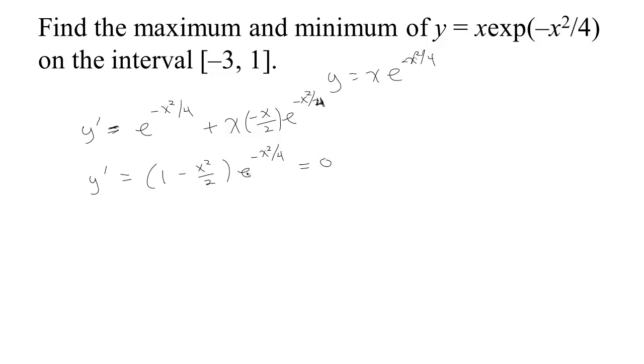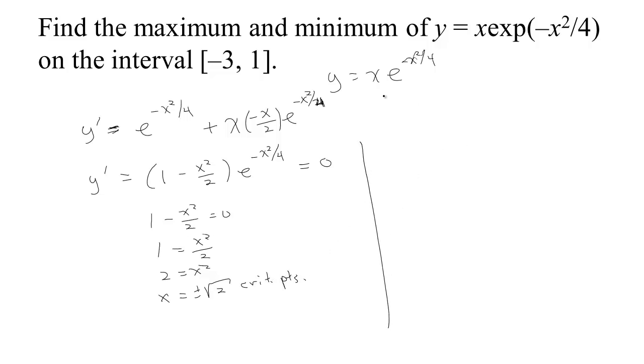Now, e to the minus x squared over 4 has to be a positive number, so I can divide both sides by it, and I get 1 minus x squared over 2 equals 0, which says 1 is x squared over 2, or 2 is x squared, so x is plus or minus the square root of 2. Those are my two critical points.